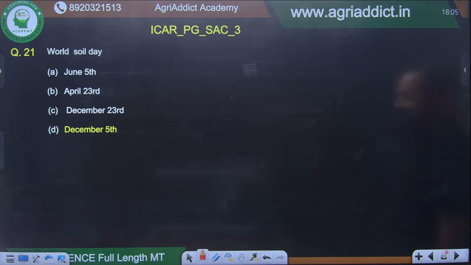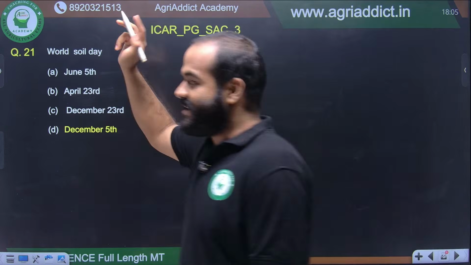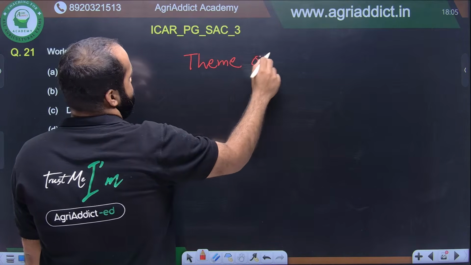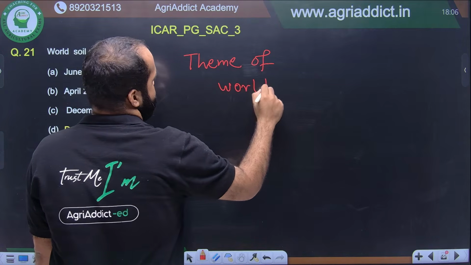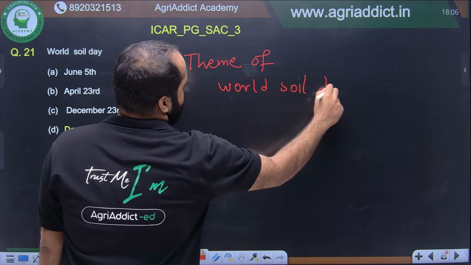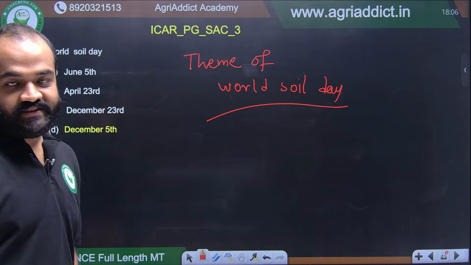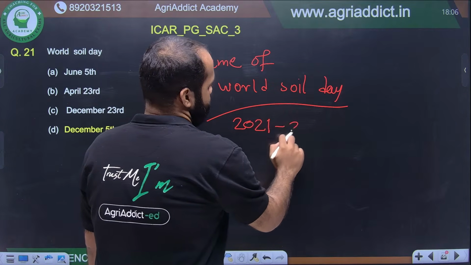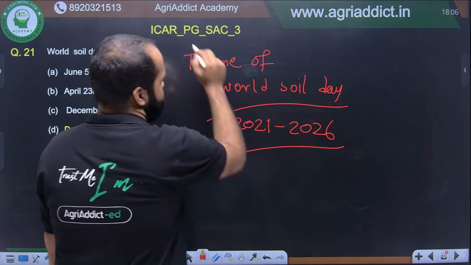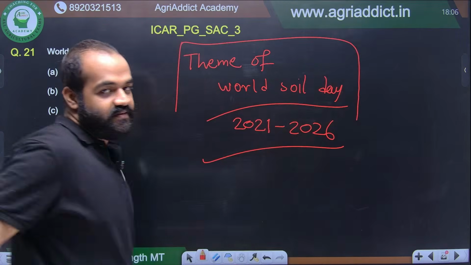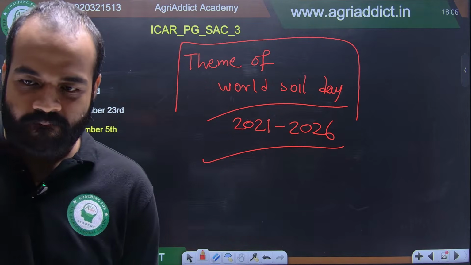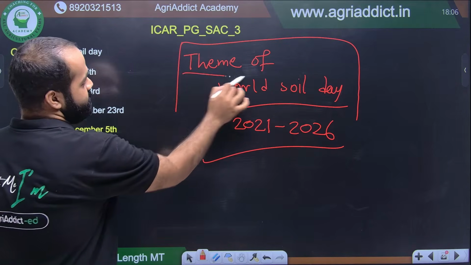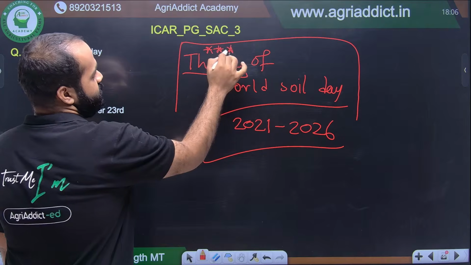There is nothing to say here either. What you should remember is the theme. Every year World Soil Day has a theme, okay. Starting from 2021 to 2026, remember all these themes. Go and find it in Google, definitely, and remember all the names of the themes. These themes are very important. These questions are very frequently asked.